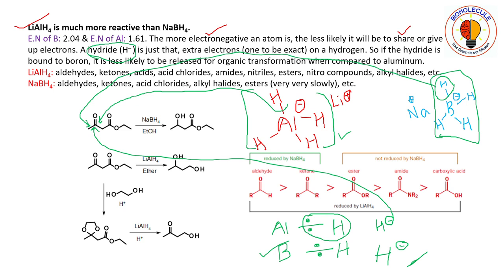Since the electronegativity of boron is more, the hydride releasing tendency is less, and that is why its reducing character is less as compared to lithium aluminum hydride.